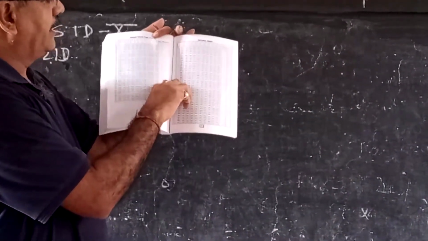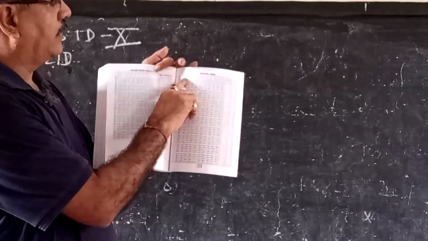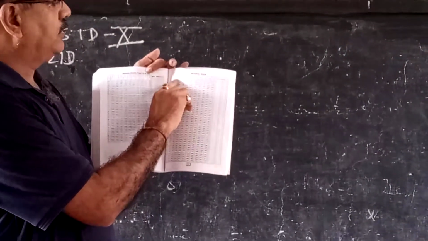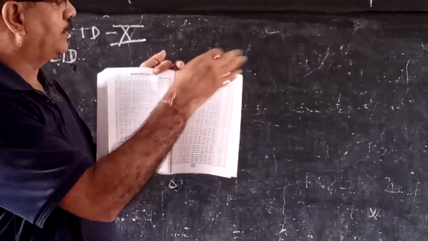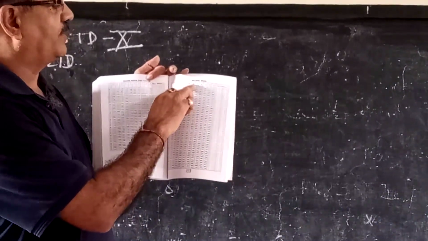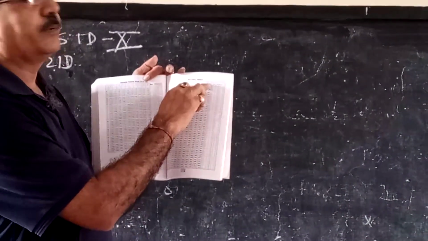You will see the value in the 0 minute column. Here are 10 columns, multiples of 6: 0, 6, 12 minutes, 18 minutes, 24 minutes, 30 minutes, 36 minutes, 42 minutes, 48 minutes and 54 minutes.